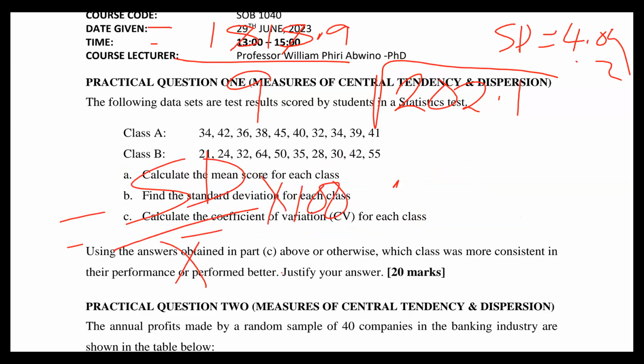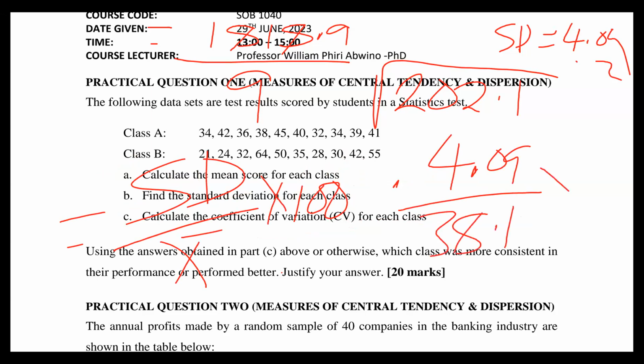Let's do it for A. For A, we found 4.09 divided by the mean, which was 38.1, multiplied by 100. What do you find as the coefficient of variation for class A?